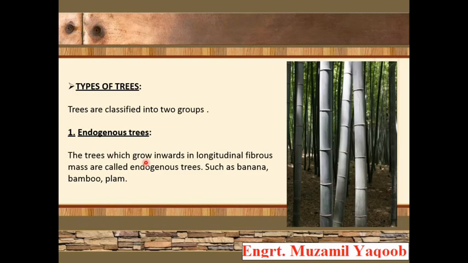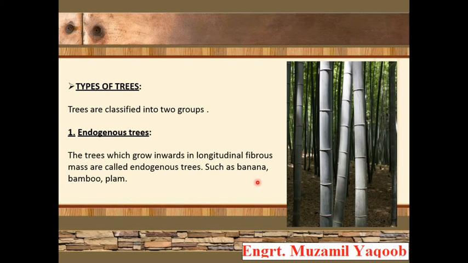Let's start with the first category, which is known as endogenous trees. These are trees which grow inwards in longitudinal fibers mass. Over here in this slide you can see the picture of endogenous trees, and examples are banana, bamboo, palm.